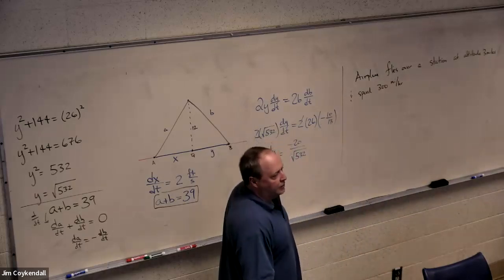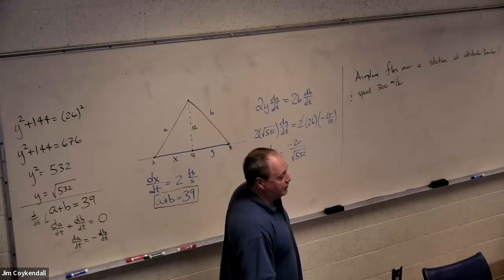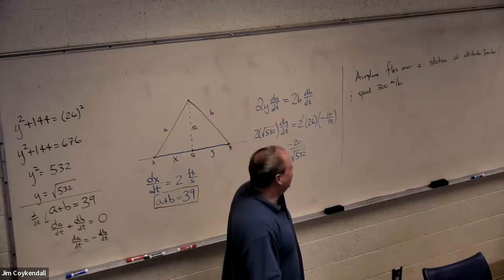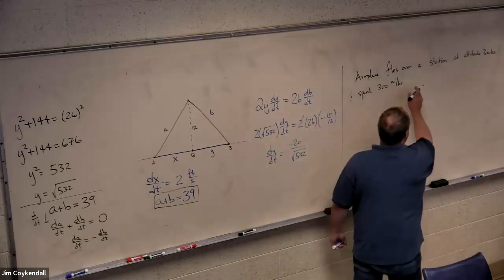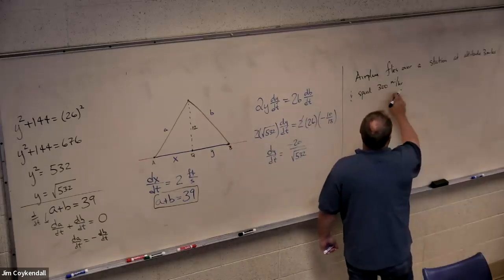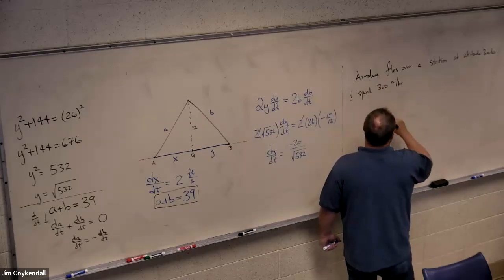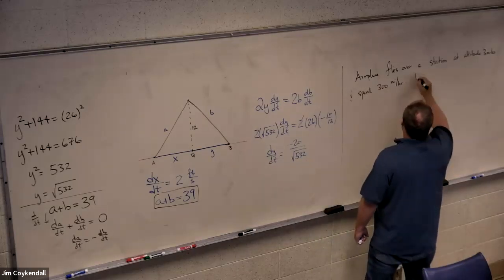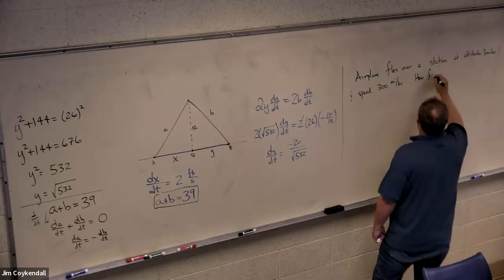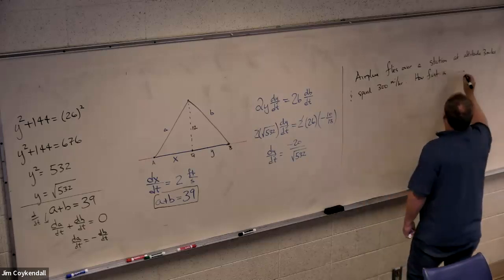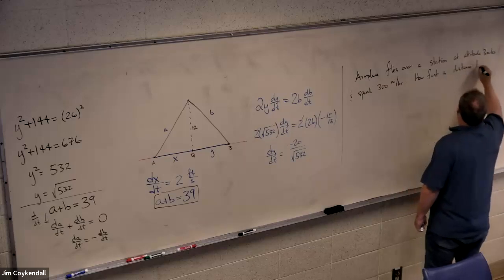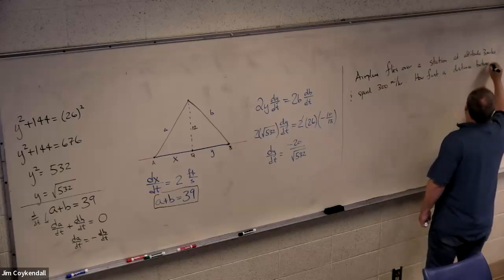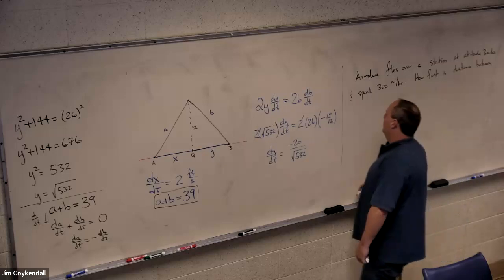We're going to assume, just for ease, that the earth is flat. This is not the Flat Earth Society. The earth is not flat. But it flies over the station at an altitude, 300 miles per hour. How fast is the distance between the airplane and station changing?